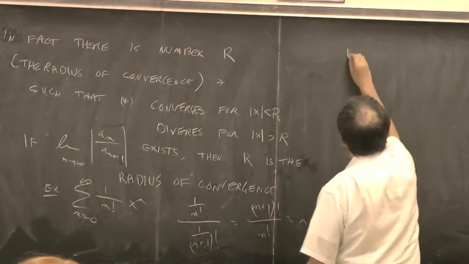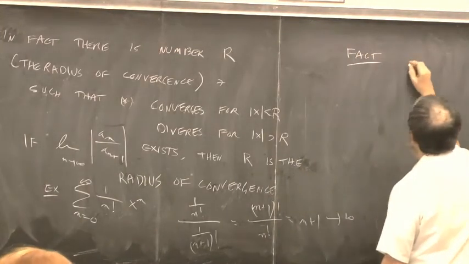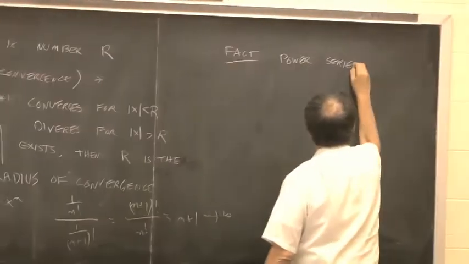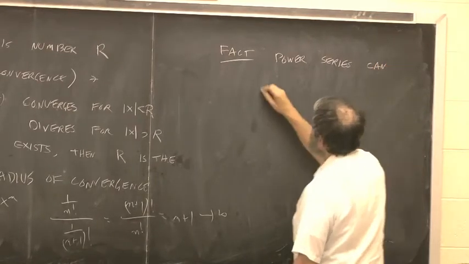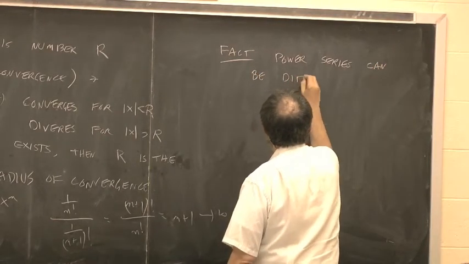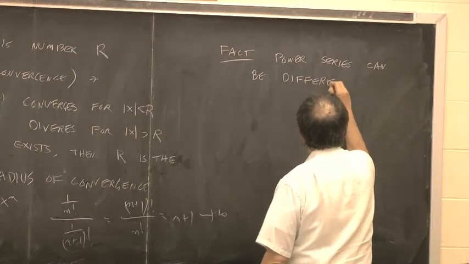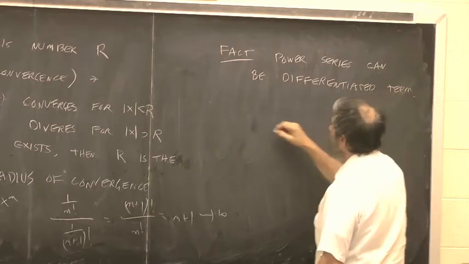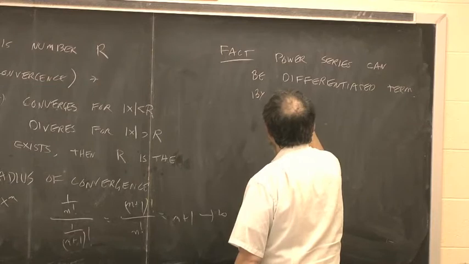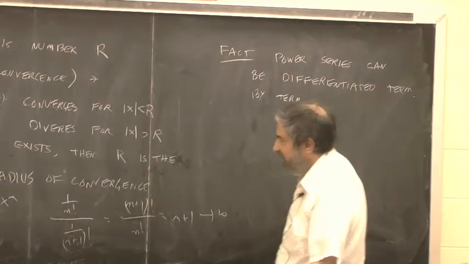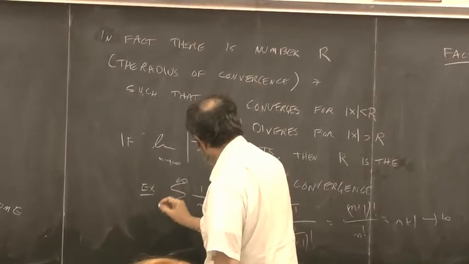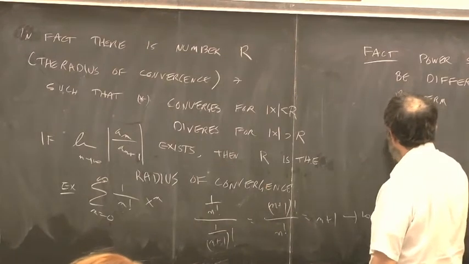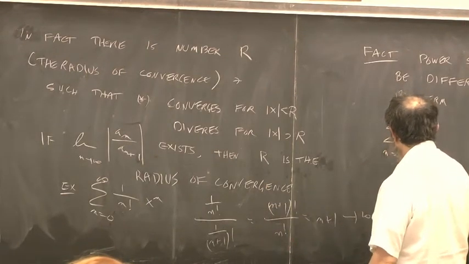So here's a fact: power series can be differentiated term by term. So in this case, let's look at this power series. If we take the derivative of that power series, so that represents a certain function.